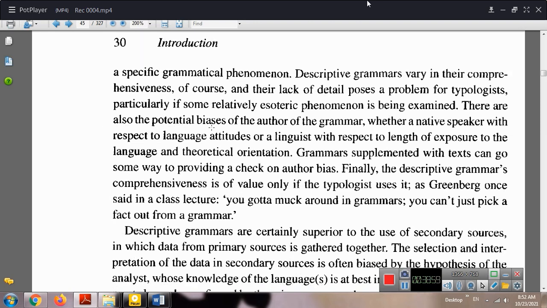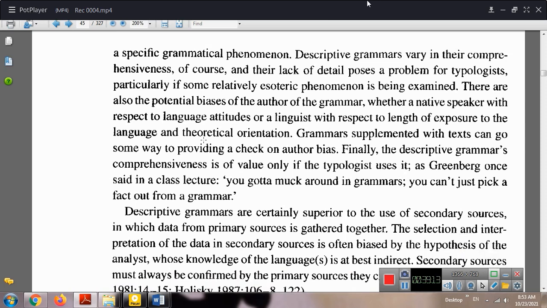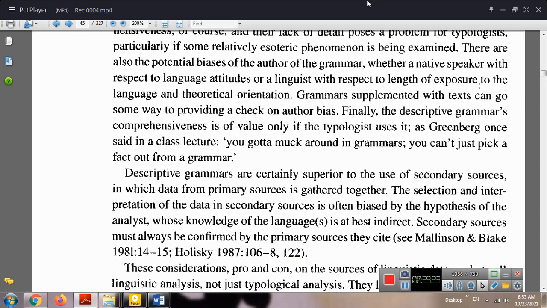There are also the potential biases of the author of the grammar, whether a native speaker with respect to language attitudes or a linguist with respect to length of exposure to the language and theoretical orientation. Grammars supplemented with text can go some way to providing a check on author bias.